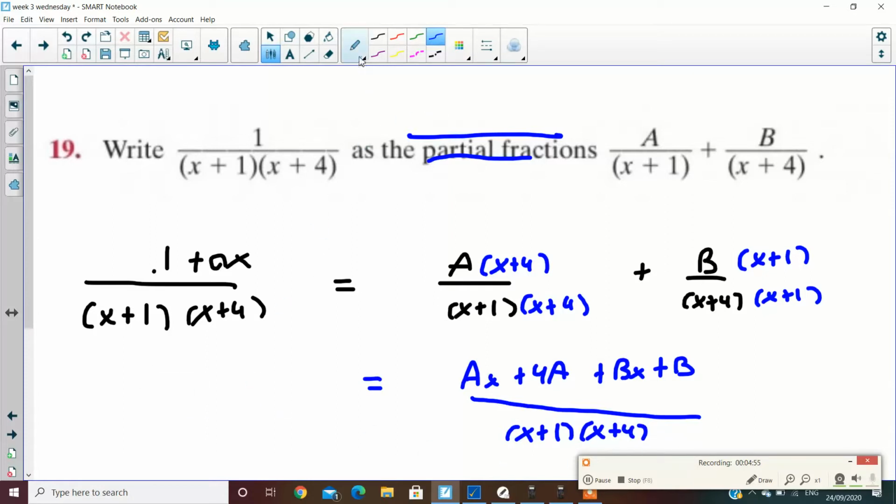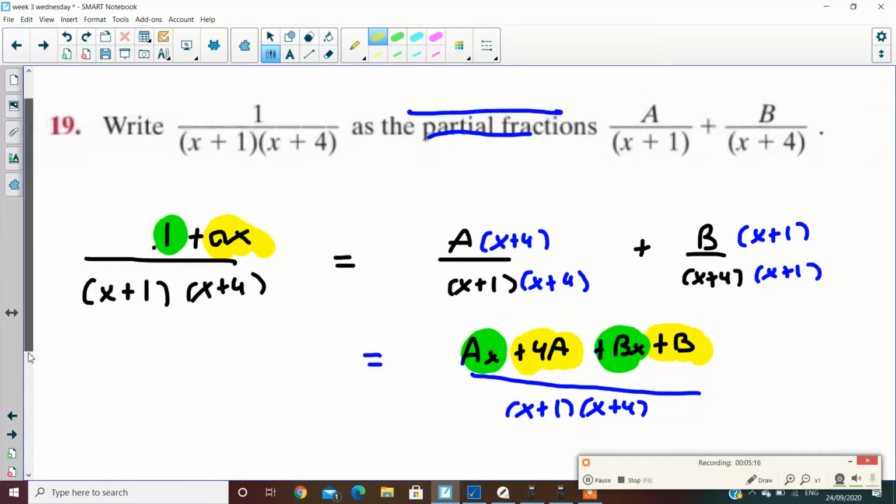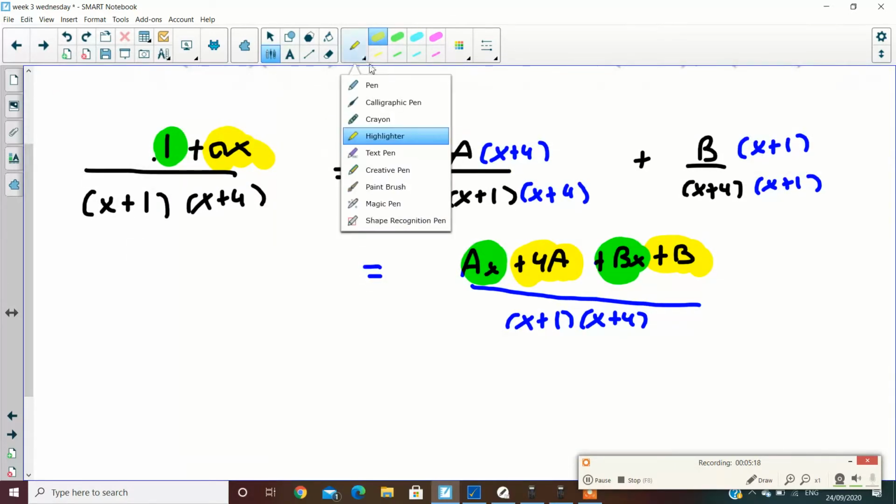Again, the highlighter trick. Does everybody know what I do with the highlighter? It's just to highlight what part on the left equals what part on the right, okay? So it should be relatively easy to follow.